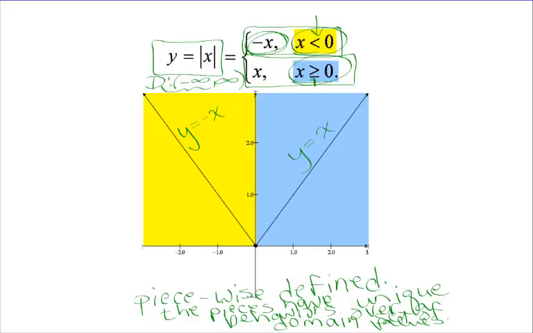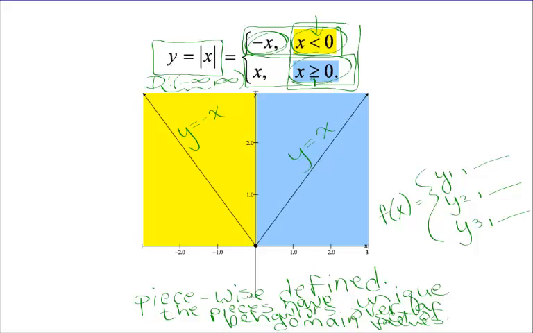When you have a piecewise defined function, you need to look at what behavior each piece is exhibiting. And each of those pieces will exhibit that behavior over a portion of the domain. And that's what is listed out here. And I find that that's the part of piecewise defined functions that students really don't understand.